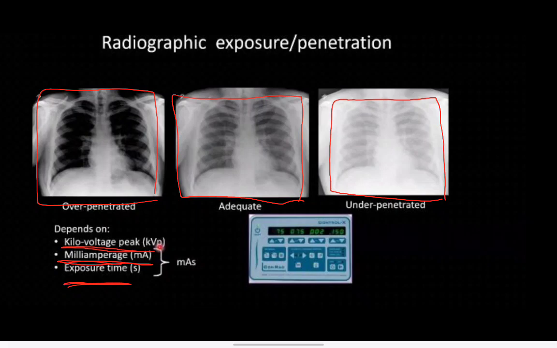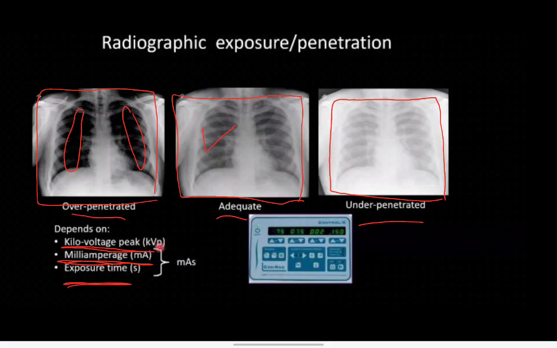And even the exposure time. Any one of these, if increased, can result in an over-penetrated image or adequate image or under-penetrated image. Over-penetrated, we say we burned the film, because we can't see these details here.